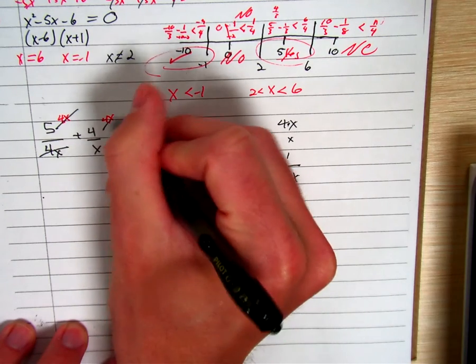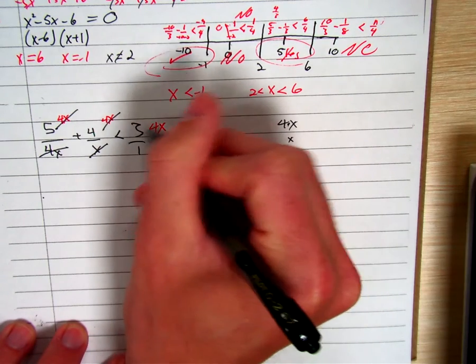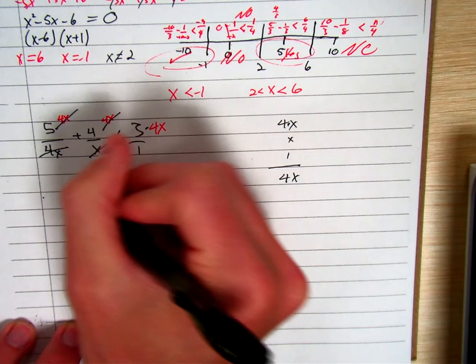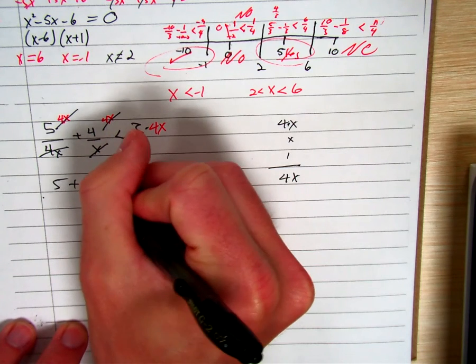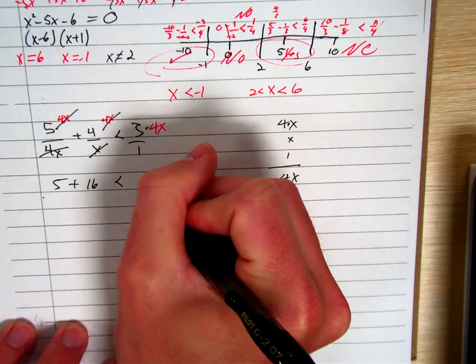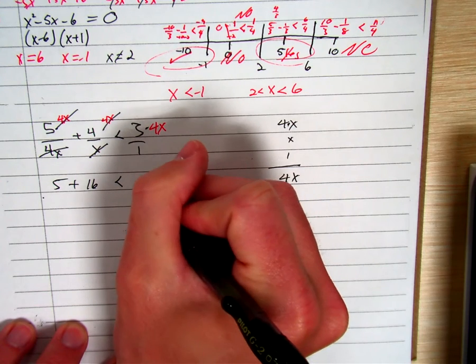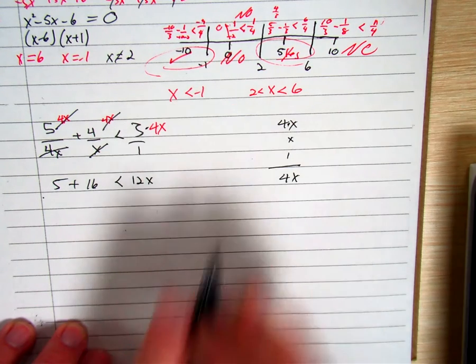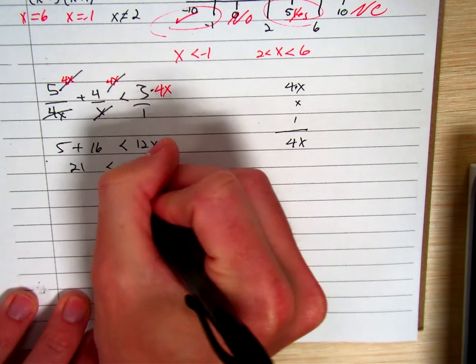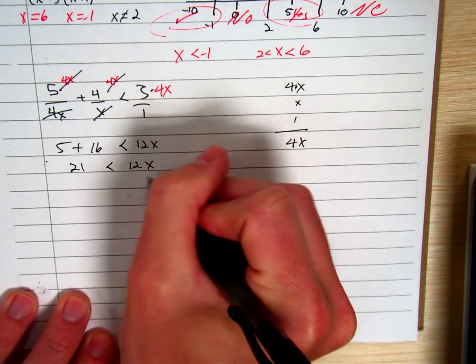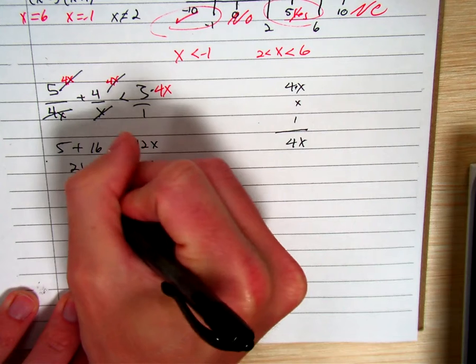The x's cancel. So I just have 5 plus 16 is less than or equal to 12x. So that's a 21 divided by 12.